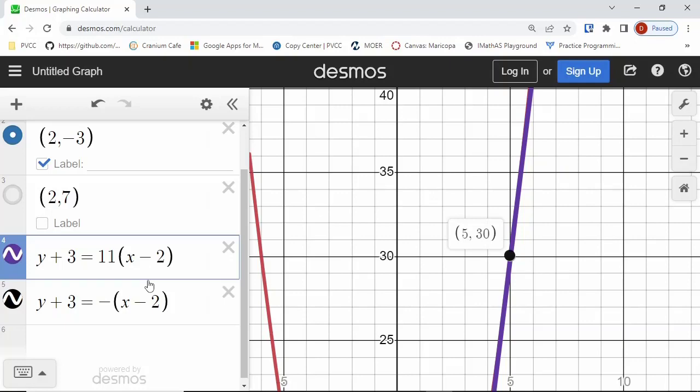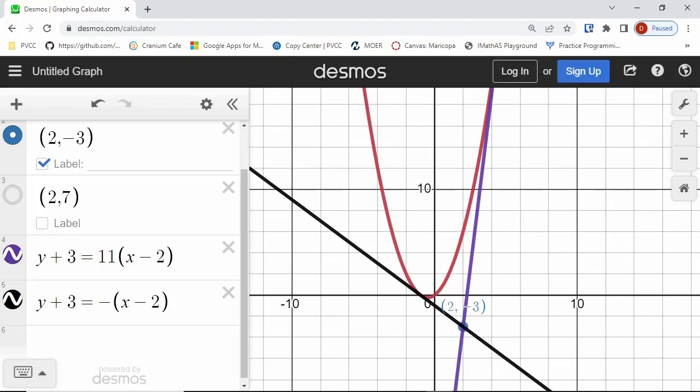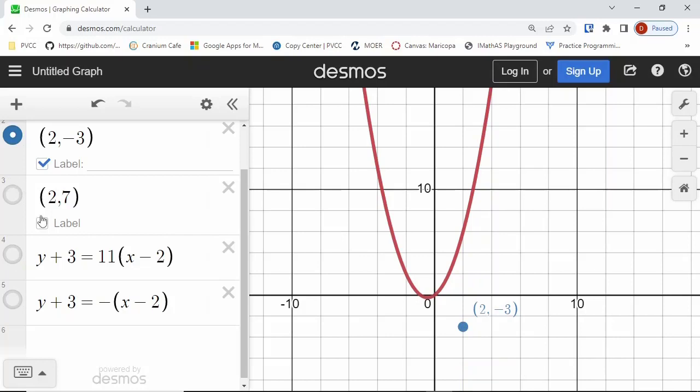You can see it's intersecting at 5, 30. It has its tangent line at 5, 30. We wrote two equations of lines that are tangent to our parabola and passing through the point 2, -3. Fantastic.